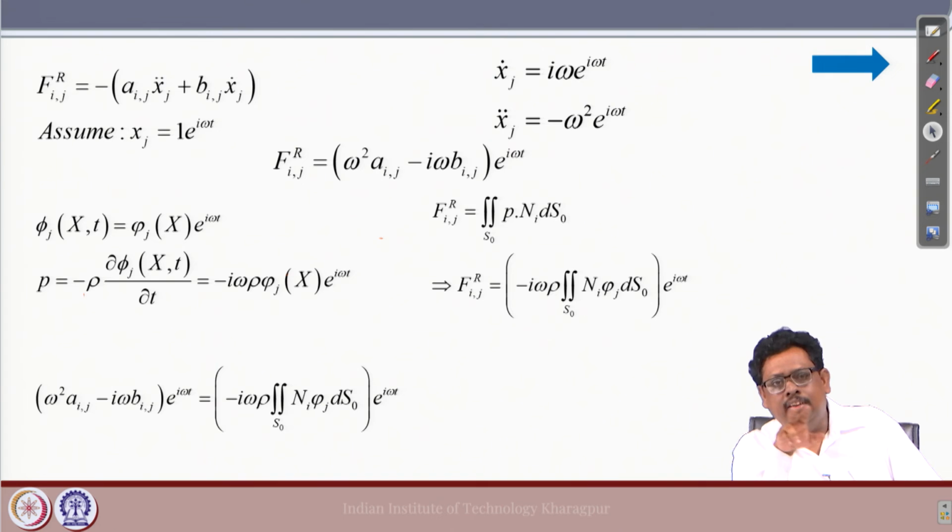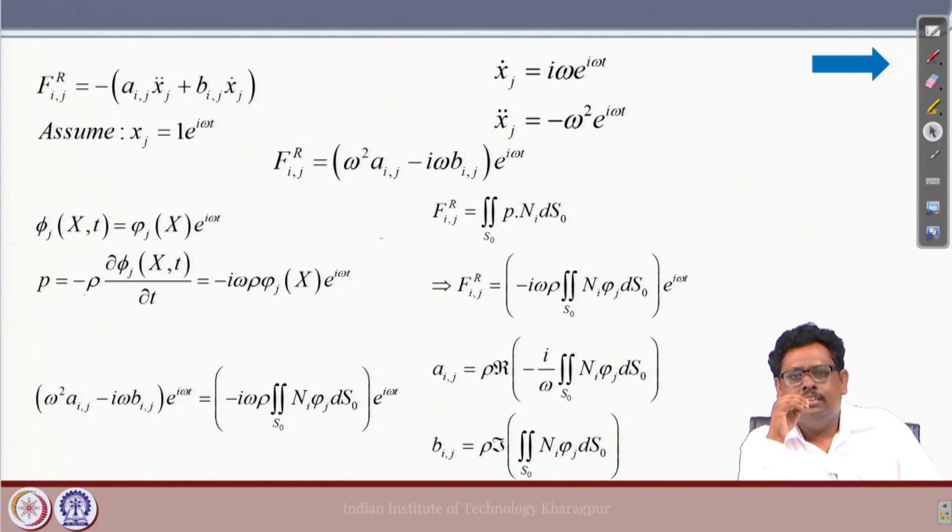Now, if you relate the real part and the imaginary part, you understand that the real part goes with the added mass and the imaginary part goes with the damping, right. So, that is why I am getting the added mass equal to rho into the real part of minus i by omega, because if you divide it by omega square, it becomes minus i by omega, into n_i psi_j ds_0.